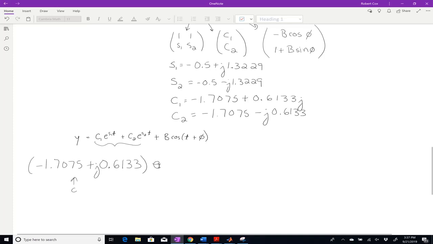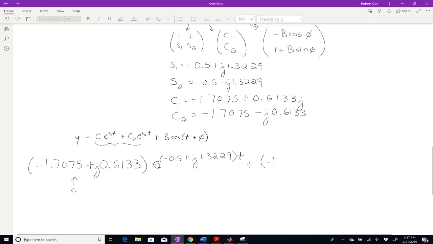Then I'm going to write e to the S1t. Now I'm going to plug in my S1 value, negative 0.5 plus j times 1.3229t. Then I'm going to say plus C2.